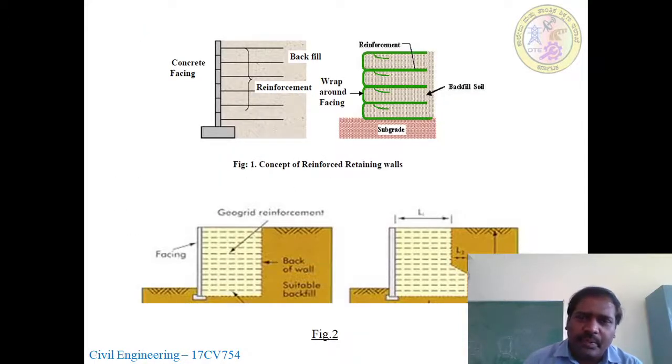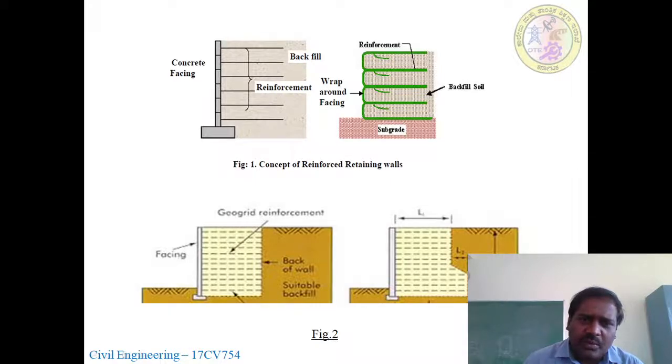Next, the concept of reinforced retaining walls, where we have to talk about the backfill soil, the reinforcement, and the concrete facing. Then the height of the wall, the width of the soil, and what type of reinforcement will be provided.